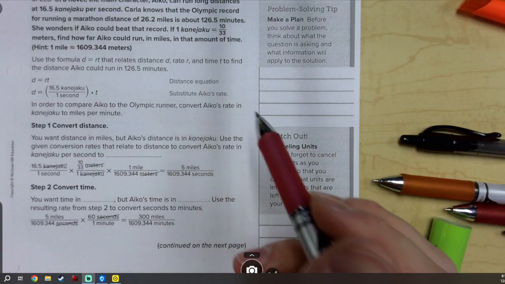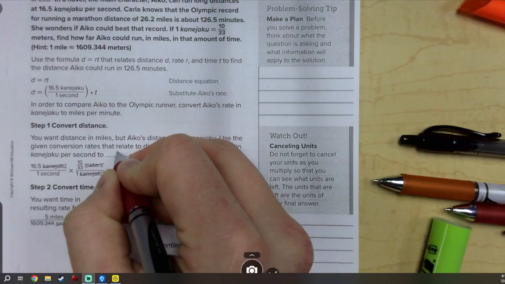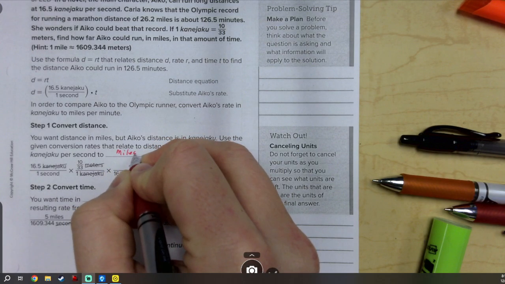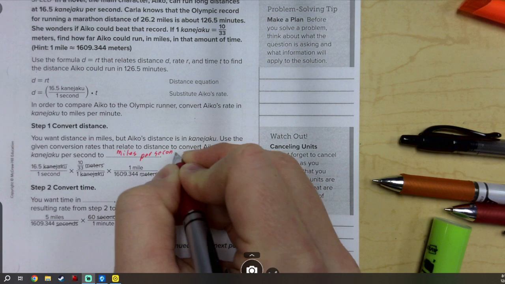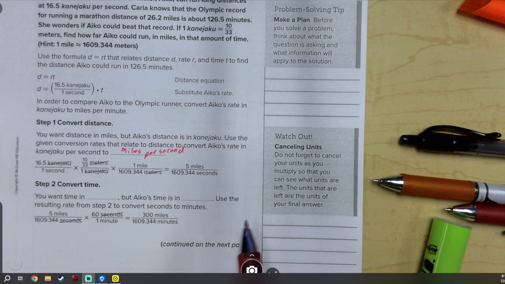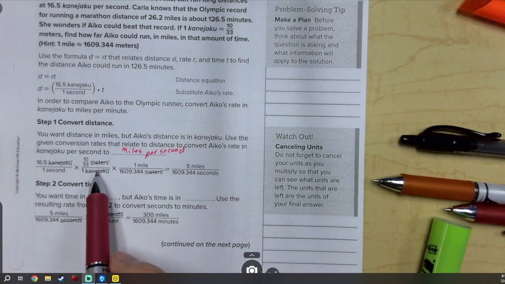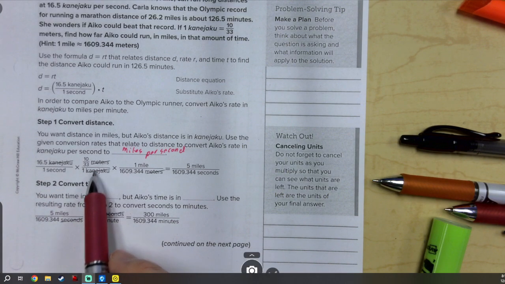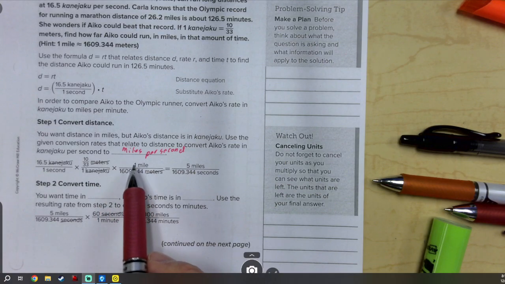I think we're going into miles per second. All right. So we set in our conversion factor, get our old units gotten rid of. Then meters to miles.